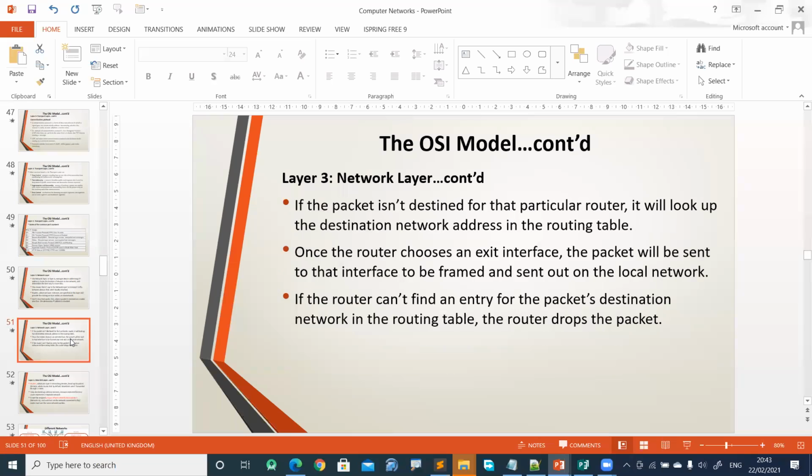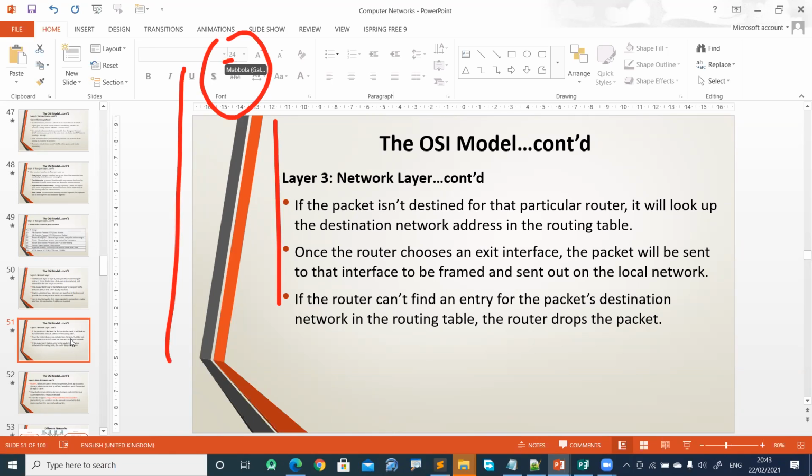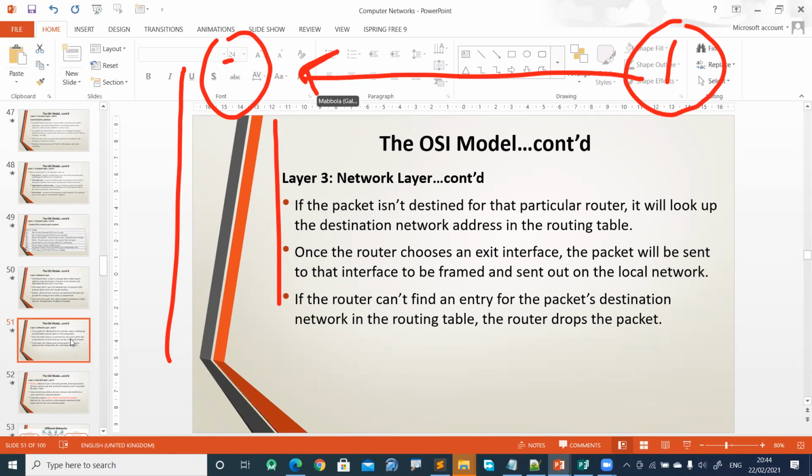And then if the packet is not destined for that particular router, because the router has its number, it knows this number, it will look up the destination network address in the routing table, which means this router on the receiving end here, when yours has already passed to this one. So it will say, this one, it's not my address. And then it will say, this address, okay, that is if it's supposed to go.